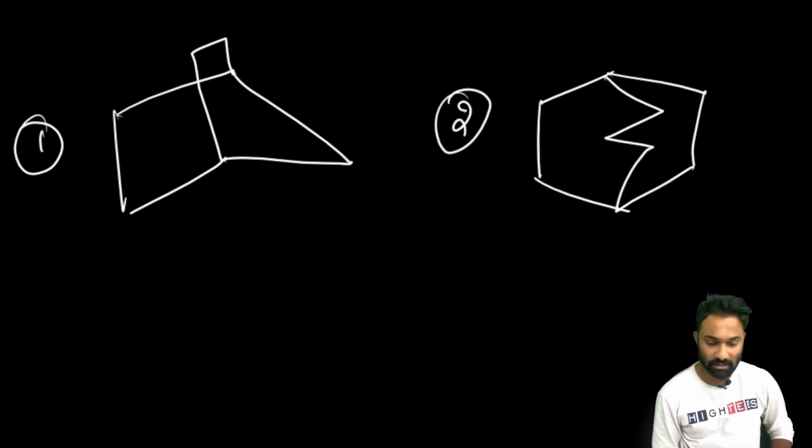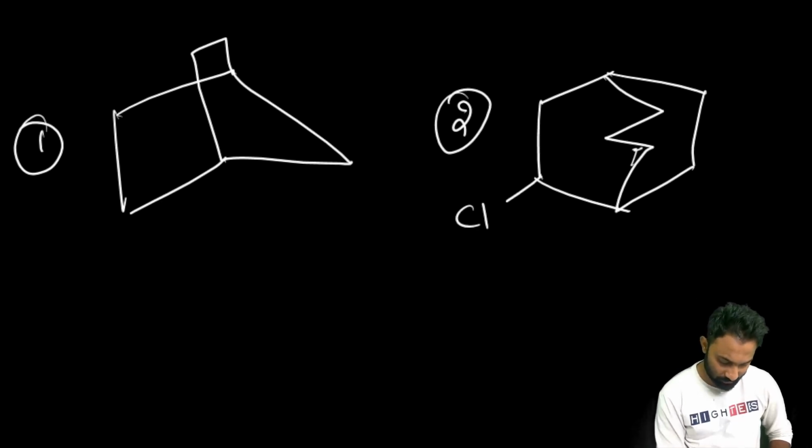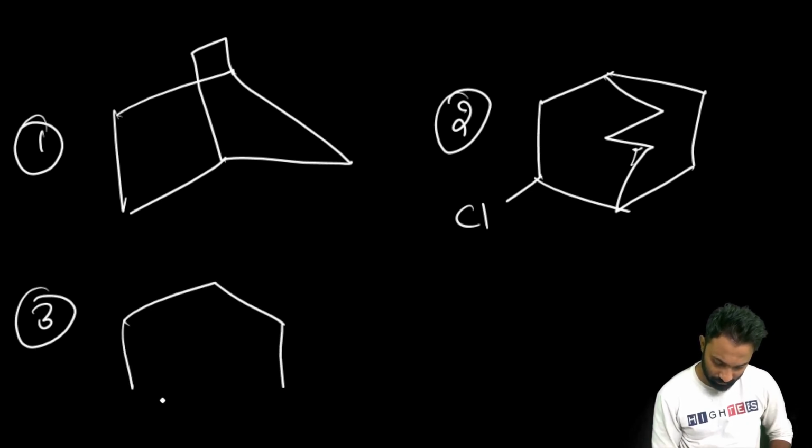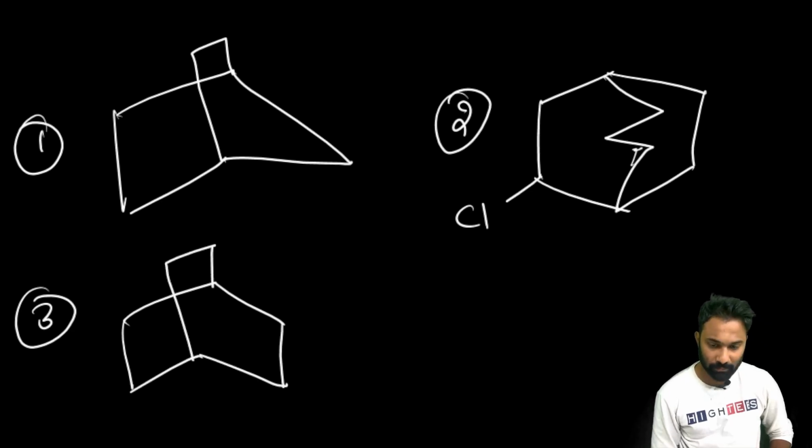Okay, now this is the second one, and here we are having one substituent, chloro. Then third one. Then here it is a bromo substituent.